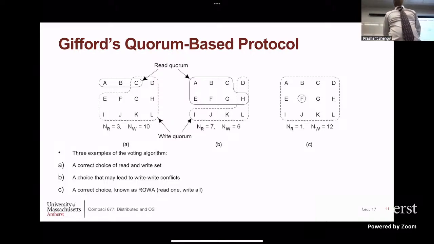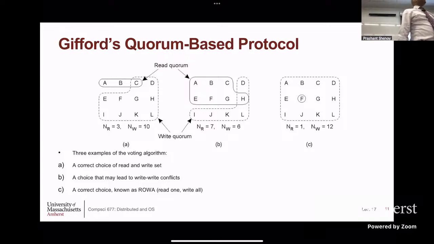So what's the problem here? Well, the first problem is we picked NW to be 6, which is not a strict majority. We said it has to be a strict majority. Second problem is we picked the read quorum, as was pointed out, to be bigger than the write quorum.